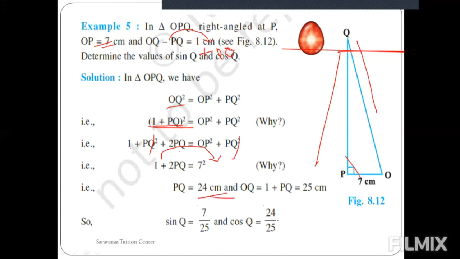We have found that PQ equals 24. Okay. So now substitute PQ in this equation to find OQ, and they have found that OQ equals 25 centimeter, hypotenuse equals 25 centimeter. So as usual, sine Q from this angle opposite by hypotenuse, 7 by 25, and cos Q equals adjacent by hypotenuse, adjacent is 24 and hypotenuse is 25, is 24 by 25.